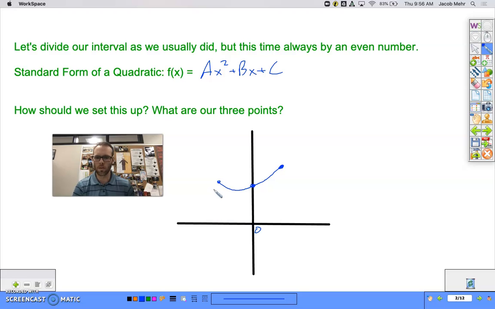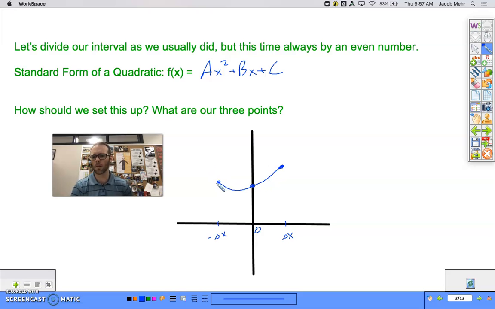Now we're going to call this negative change of x, and we're going to call this positive change of x. That way we are still counting by the same distances along our x-axis. We're going from negative change of x to positive change of x using these 3 points.